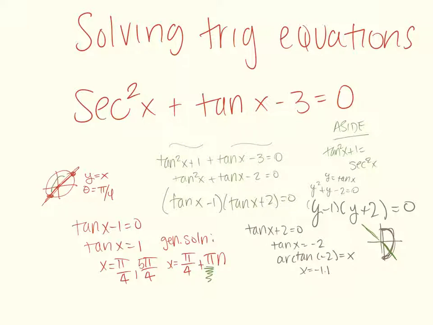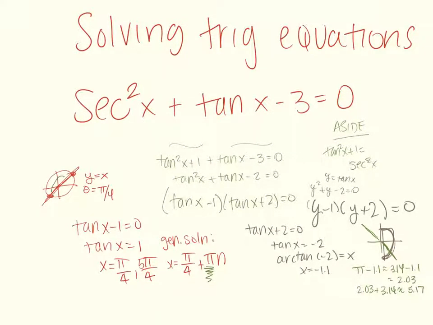So if we take pi minus 1.1, that's going to be approximately 3.14 minus 1.1, which is approximately 2.03. Our next one happens pi units later. So we get 2.03 plus 3.14, which is approximately 5.17.